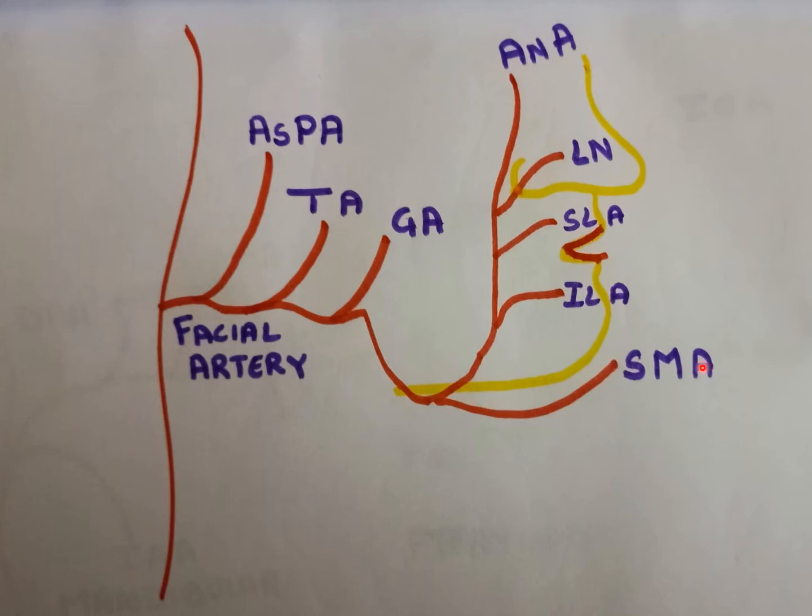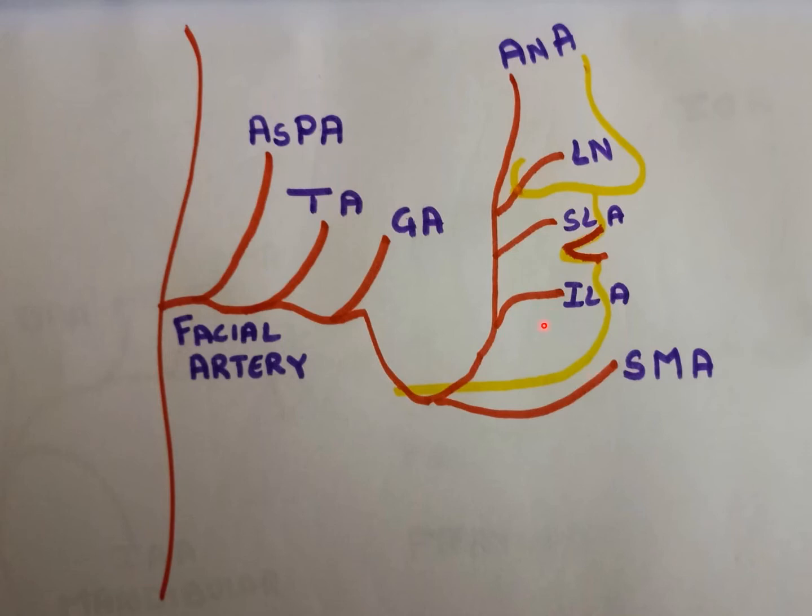Even submental artery is going to supply the submandibular gland, along with mylohyoid and anterior digastric muscles. In this region we have mylohyoid and an anterior digastric muscle. So that's why this submental artery is supplying three major areas: submandibular gland, mylohyoid and anterior digastric muscle.